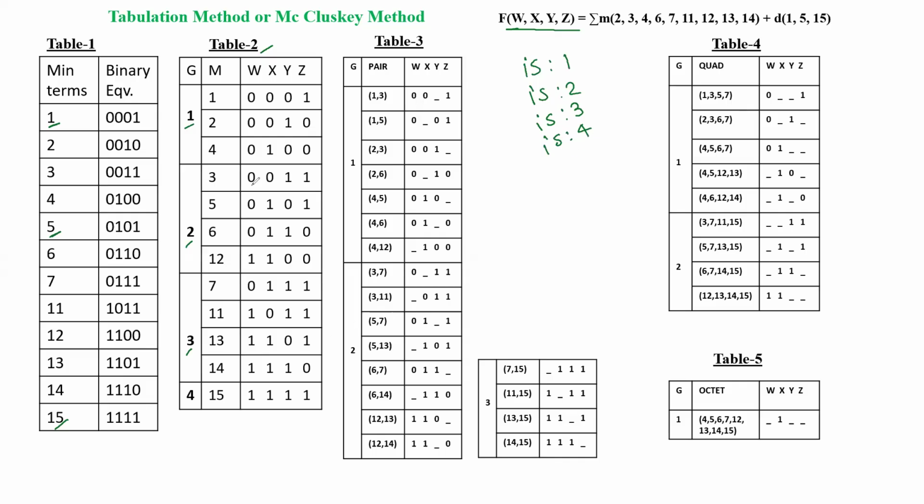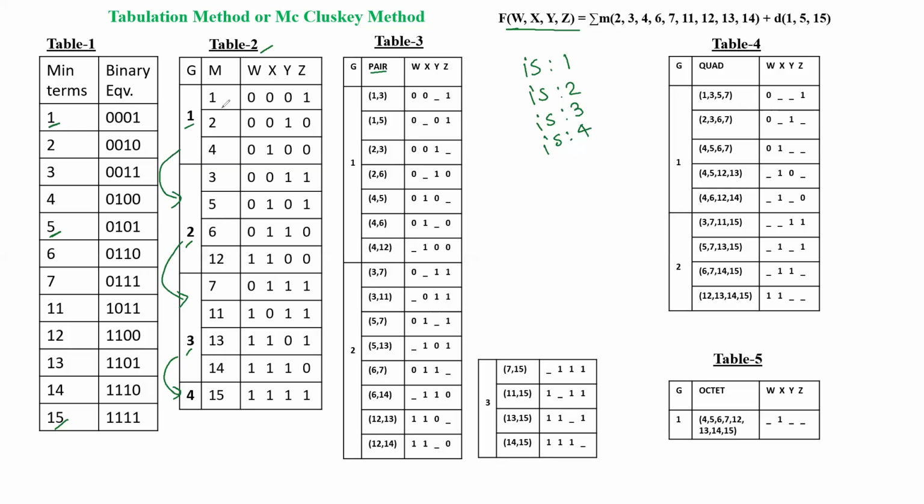Now after this arrangement, the next task is to compare the consecutive, adjacent groups. Since it is a single min term, in the next table we are going to get the pairs. So group 1 will be compared with group 2, group 2 with group 3, and group 3 with group 4.